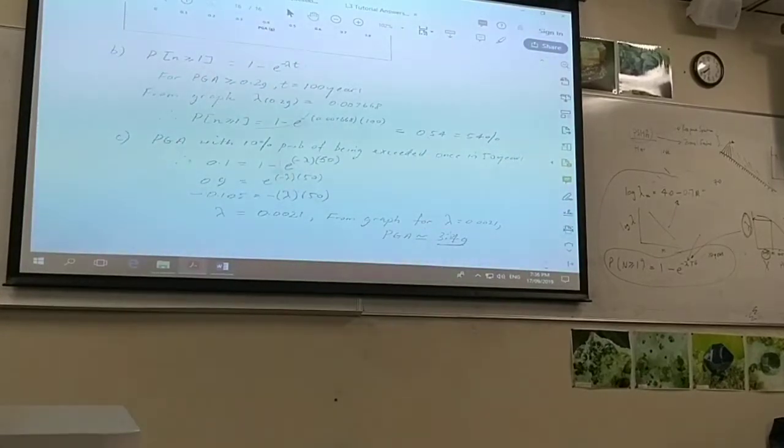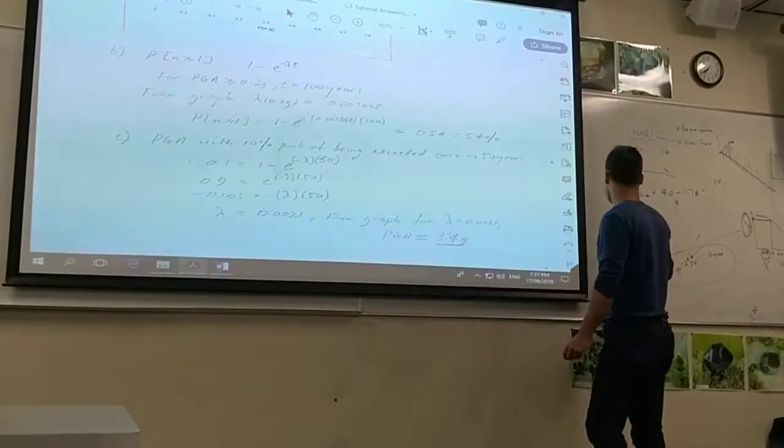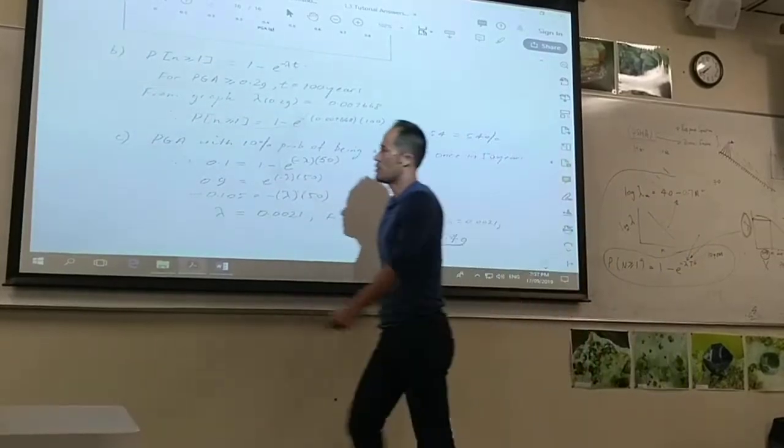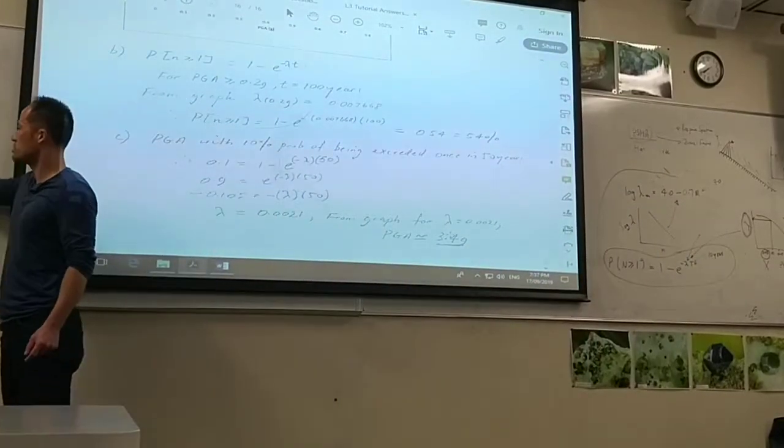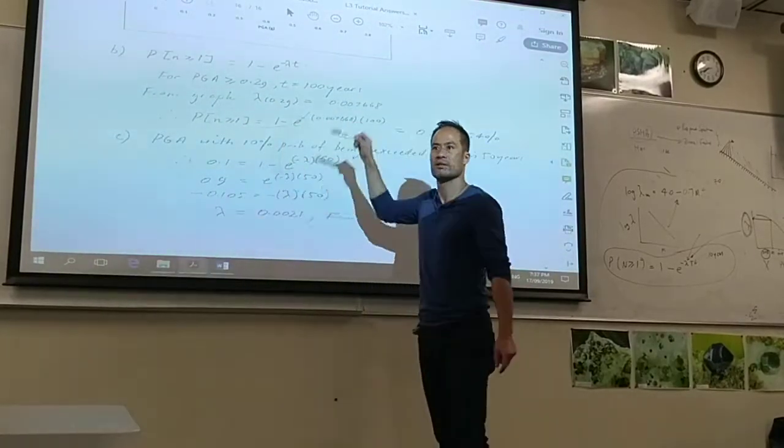Okay, so you can see how the seismic hazard curve and our Gutenberg-Richter relationship, together with these Poisson distribution equations, we can solve these types of questions.